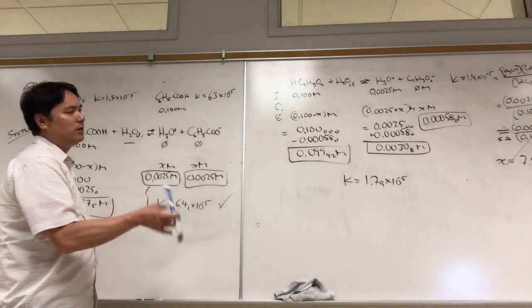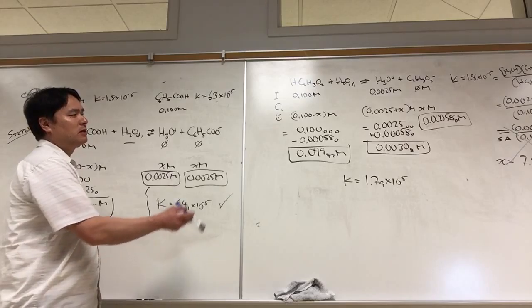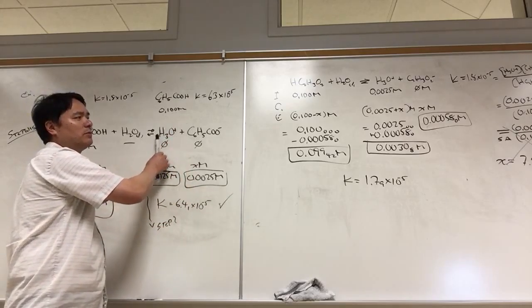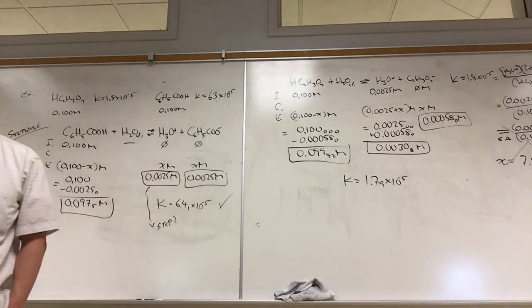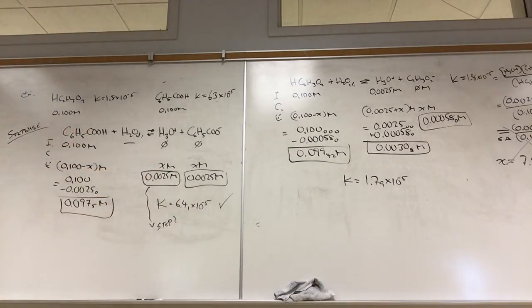The time where we had to solve 3 equilibria simultaneously is when one equilibrium gave us hydronium, the other equilibrium gave us hydroxide, and we tied it all together with Kw. But in this case, both of these give us hydronium. And so Kw is not going to be a significant contributor to the hydronium here. So we don't have to worry about it.